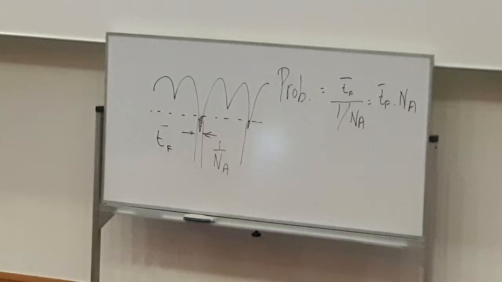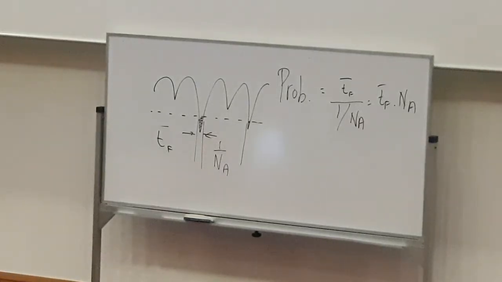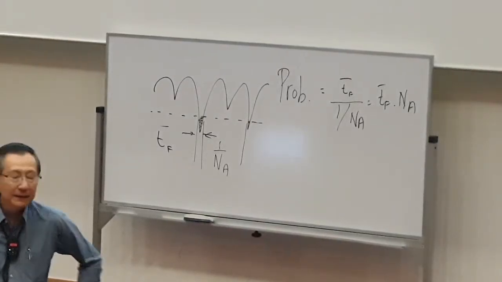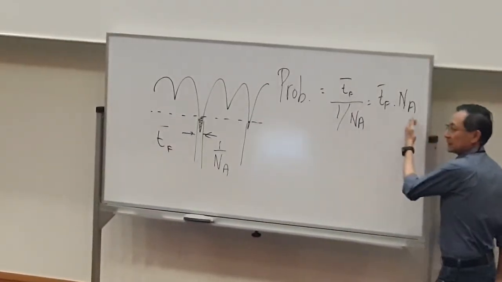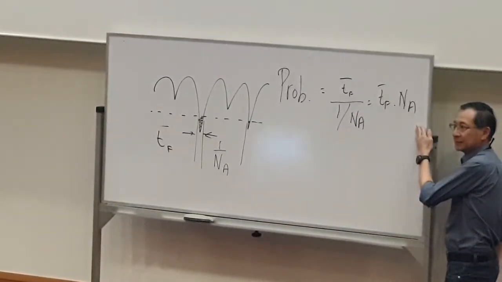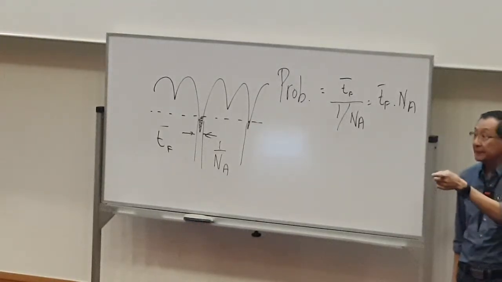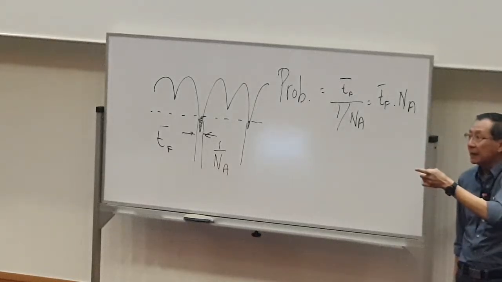Okay, the second part. If the user moves at a slower speed, so now you change the speed, will the probability of being in a fade increase or decrease? Now to know that, of course you have to plug in the formulas. Where does V appear? In FD, right? FD is V over lambda.